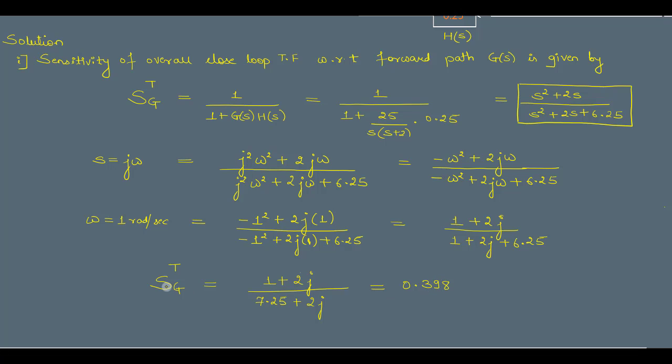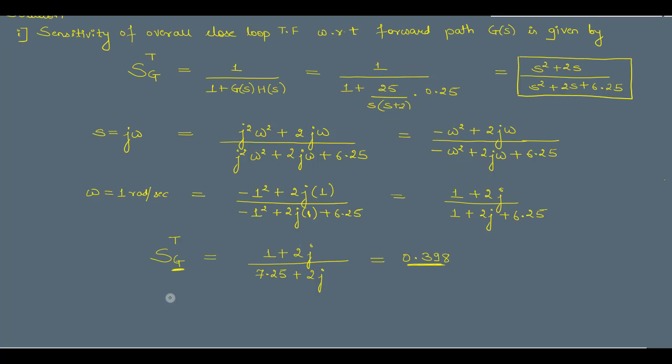So this is the final answer for the first part, the sensitivity of the closed loop transfer function with respect to forward path G of s, and the answer is 0.398.